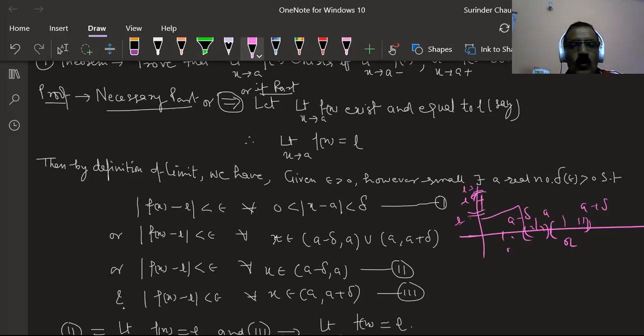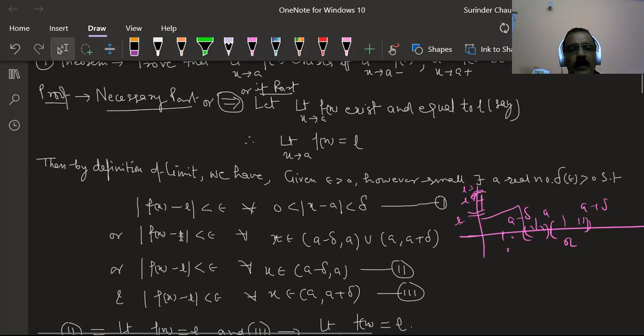Now we can separate the domain. Take the x value from here, the modulus is less than epsilon. When x belongs to this, it is less than epsilon. When x is from the other part, we have separated them.